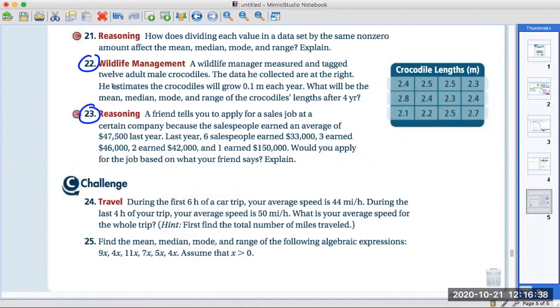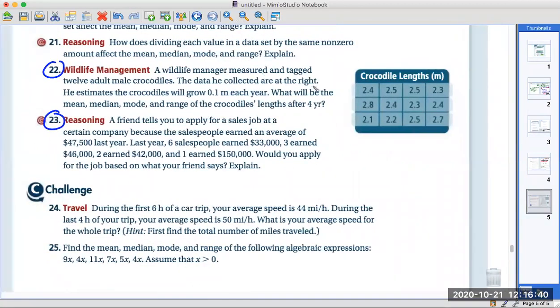Okay, on the wildlife management, you got crocodiles and you tagged them, their length in meters, 2.4 meters. How many crocodiles are there? There's 12, right? But now they're growing 0.1 meter each year. After 4 years, you're going to find the new length. After 4 years, you're going to exchange these with the new ones, right? 0.1 meter each year.